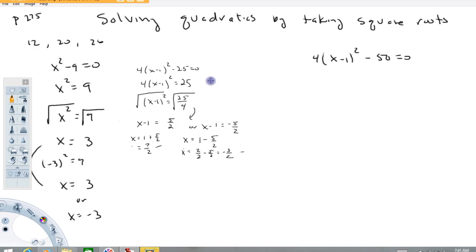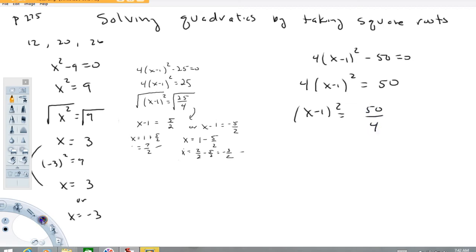I did. It looks okay. All right, so first up, let's add 50 to both sides. So we're going to have 4 times x minus 1 squared equals 50. Now, I'm going to go ahead and divide that 4 out. So we have x minus 1 squared equals 50 fourths.